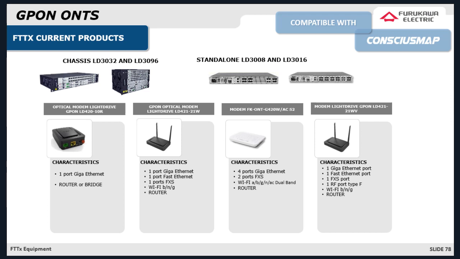And the ONTs are, let's say, the optical receivers, which receive an optical signal and then transform it to electrical again. We have several models of that, from the simplest, which has just one port. So imagine you just connect, let's say, a router or a computer or a camera.